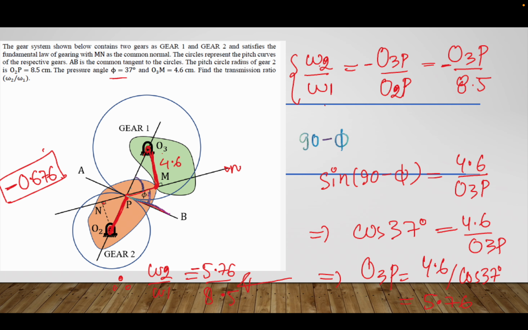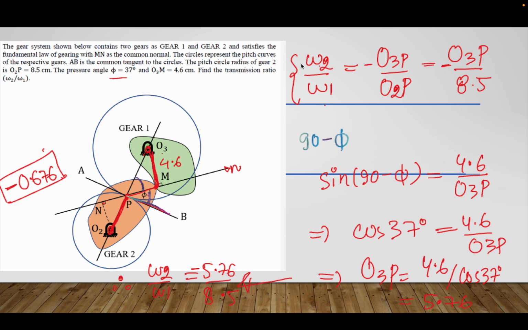Wherein we see that omega 2 upon omega 1 must be equal to minus O3P upon O2P, or it is equal to O3M upon O2N, right?